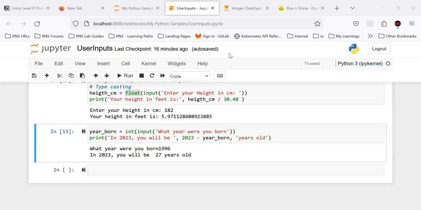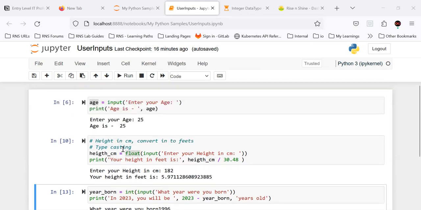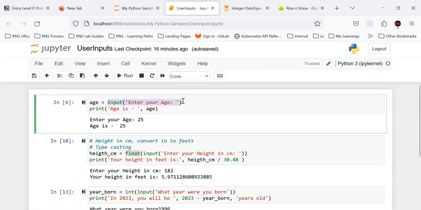This is one more important thing we need to understand. Here we try to get two points done. One is, don't hard code the values in the program. Instead of hard coding, we take the values of the variables from the user input.